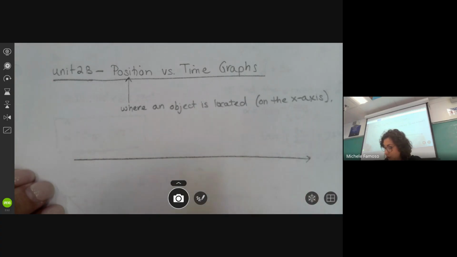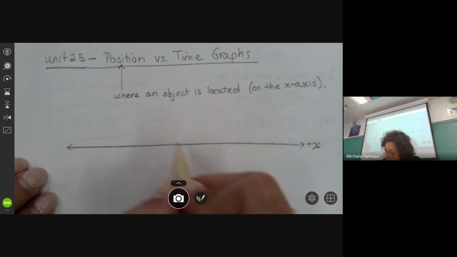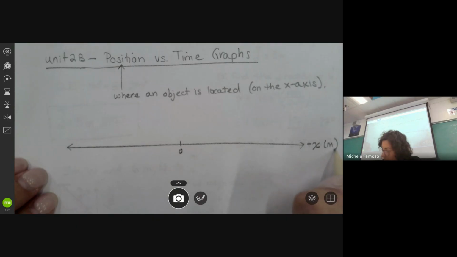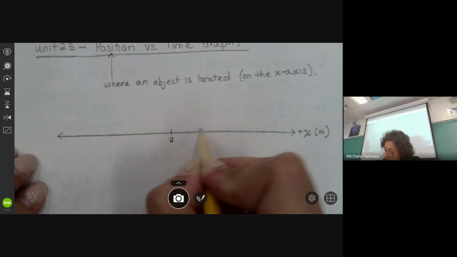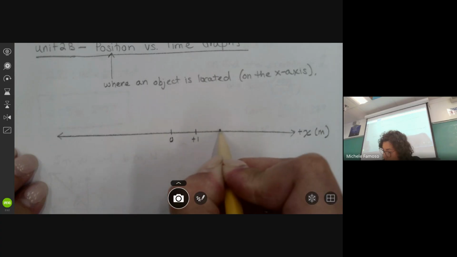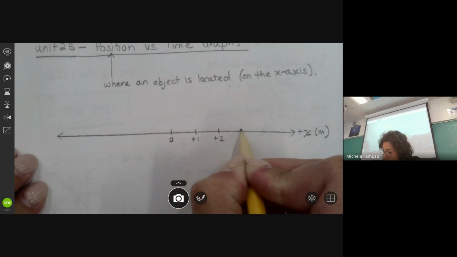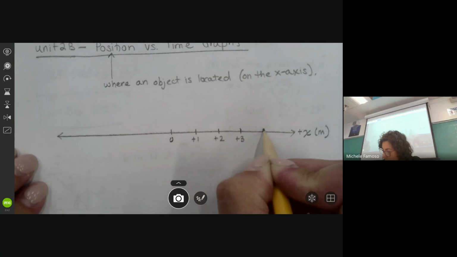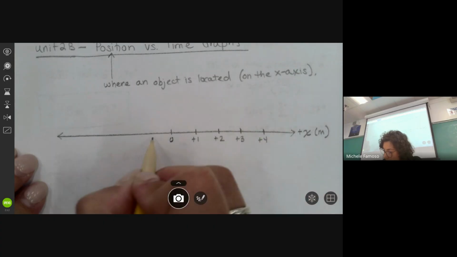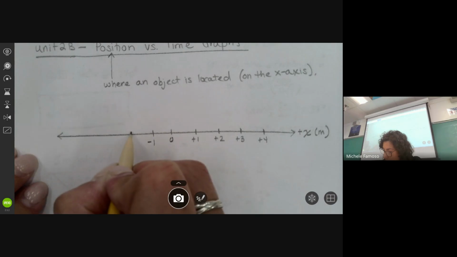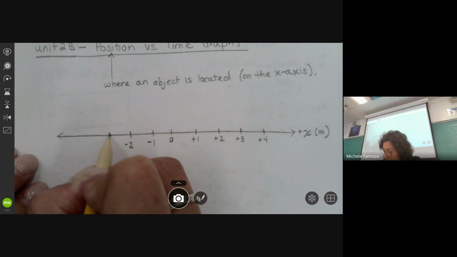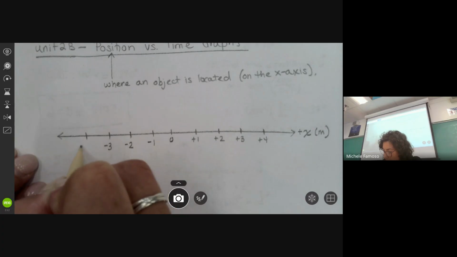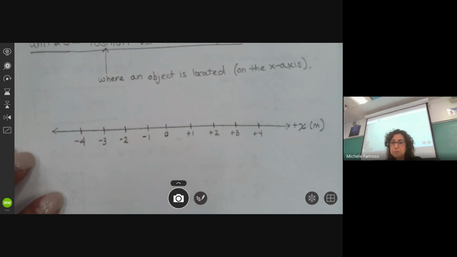So let's please draw an x-axis. This is our positive x direction. And I'd like you to label some points here. These are all going to be in meters, okay? So 0, plus 1, plus 2, plus 3, plus 4, negative 1, negative 2, negative 3, negative 4.